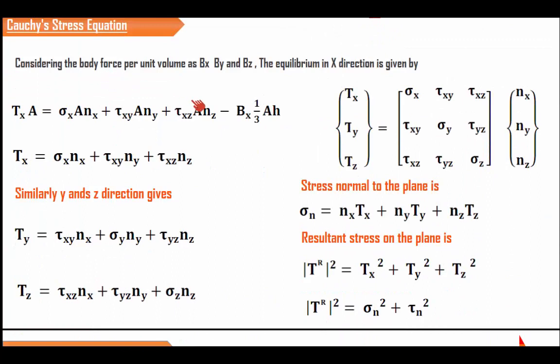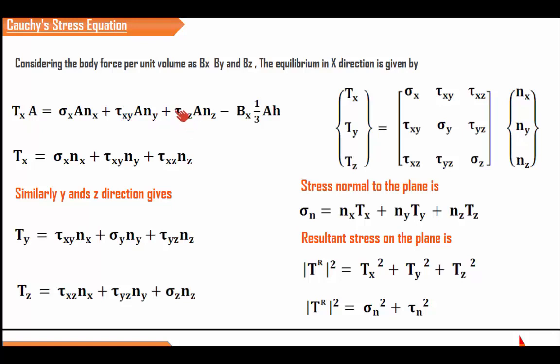If we consider the equilibrium in the x direction, we have to consider the body forces also. So we assume that the body forces are Bx, By and Bz, which are nothing but the body forces per unit volume. In order to get the force, we have to multiply the body forces with the volume of that particular tetrahedron, which is nothing but 1/3 of A into H. So when you consider the equilibrium in the x direction, one force is sigma x into A nx. A nx gives the area of that particular face where sigma x acts, and tau xy into A ny gives the force in the x direction.